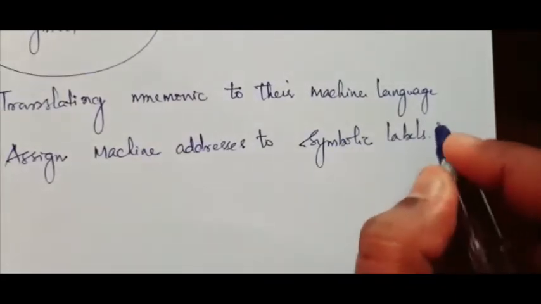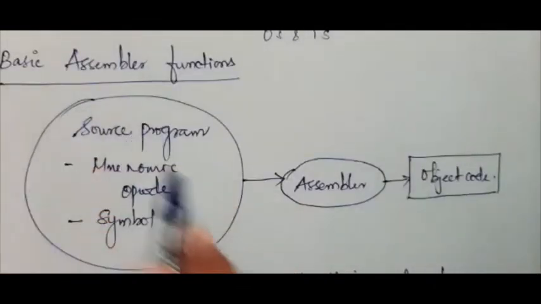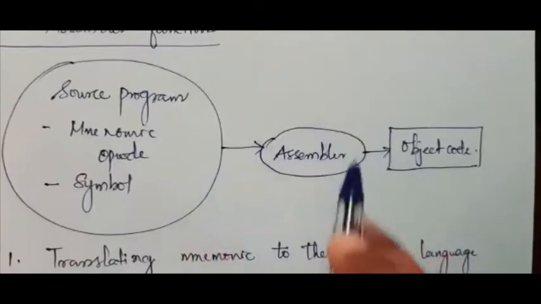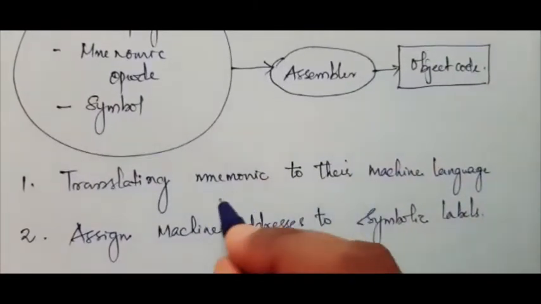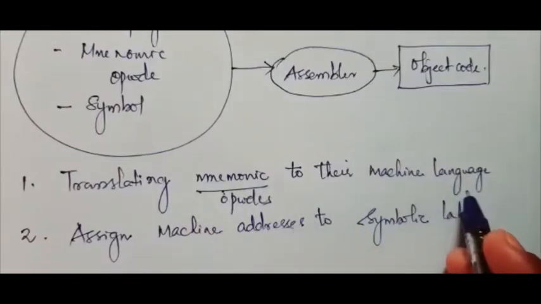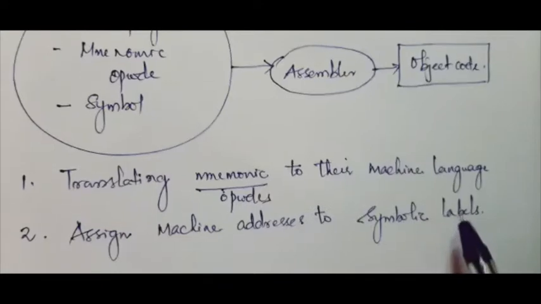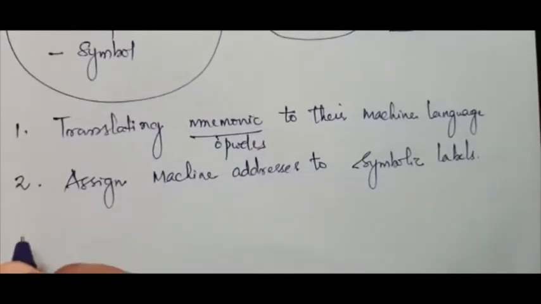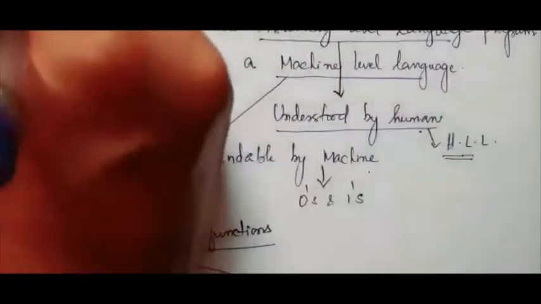Okay, this is what the basic assembler functions do. It translates the source program into an object code through an assembler. It means translating the mnemonic codes or opcodes to their machine language. And second, it assigns machine addresses to the symbolic labels.